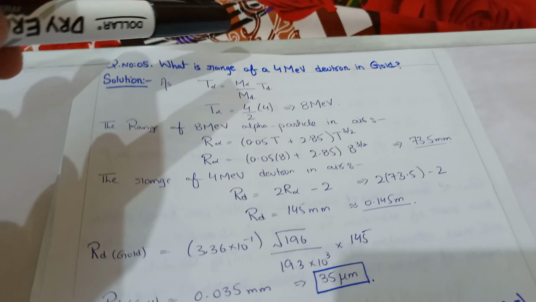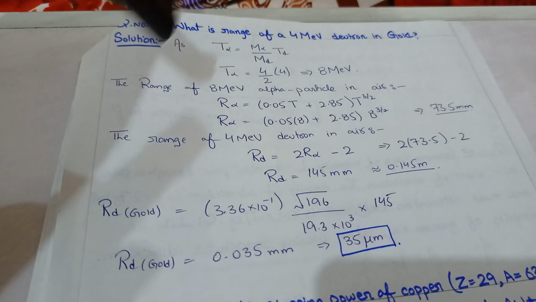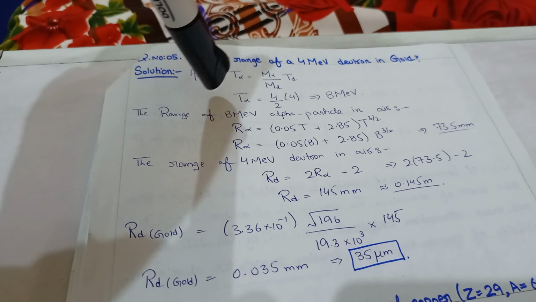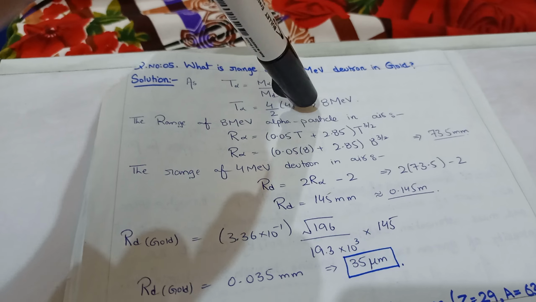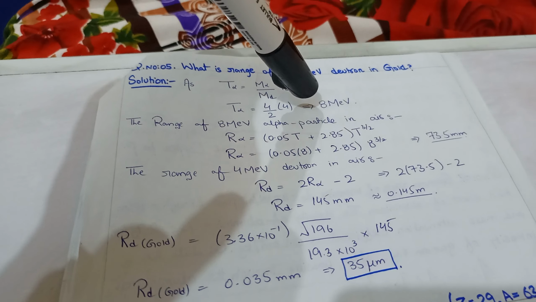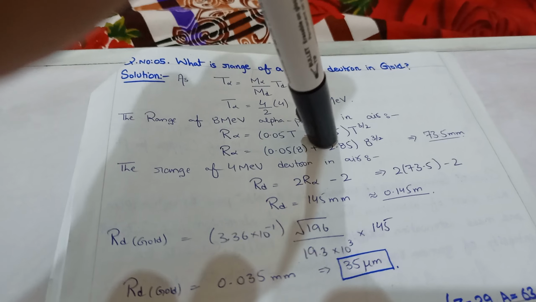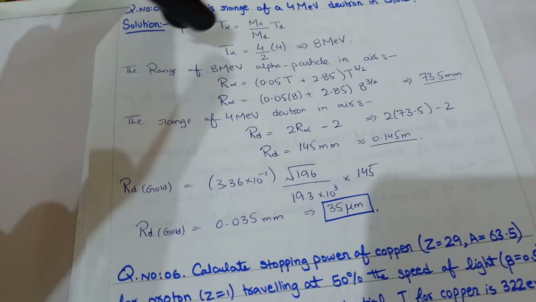The energy for the alpha particle is 8 mega electron volts. Now we have to find the range, and we know if your energy is greater than 4 and between 15, we have to use this formula, that is 0.5 t plus 2.85, bracket close, t power 3 by 2.